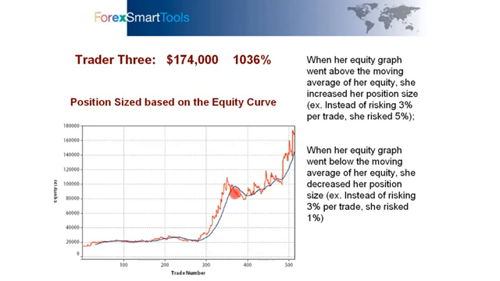I'm going to decrease my risk. When it pops up again, she increases her risk again. Decreases, increases. And that's what she did to increase that percentage. It's really extraordinary. When we saw this, we were just in awe, and we've applied it to our own trading, and the results are extraordinary.